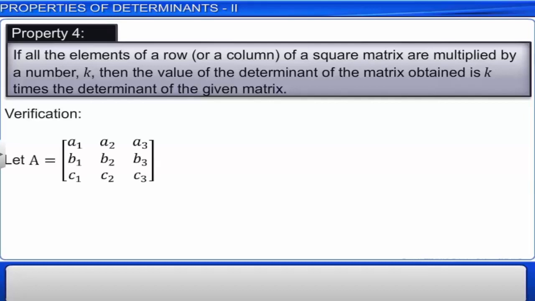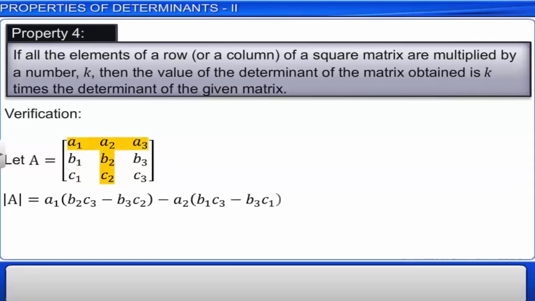Let A be a 3 by 3 square matrix as shown. On expanding along the first row, determinant A is equal to A1 times of (B2 C3 minus B3 C2) minus A2 times of (B1 C3 minus B3 C1) plus A3 times of (B1 C2 minus B2 C1).